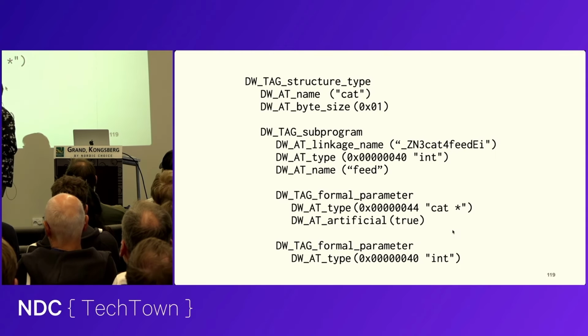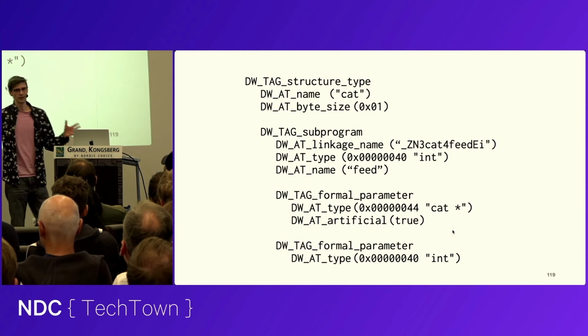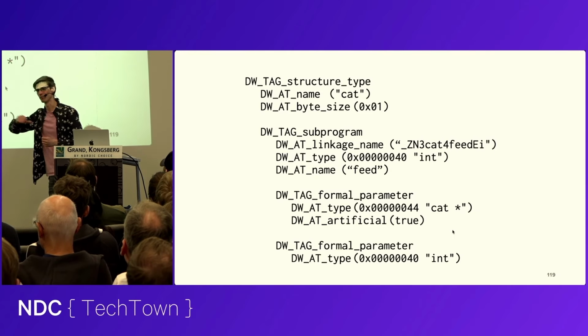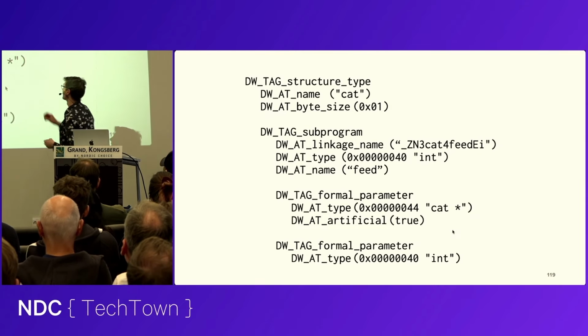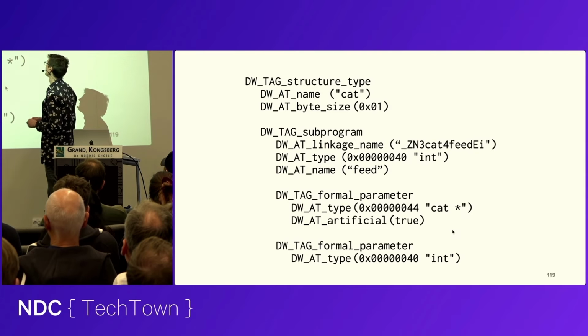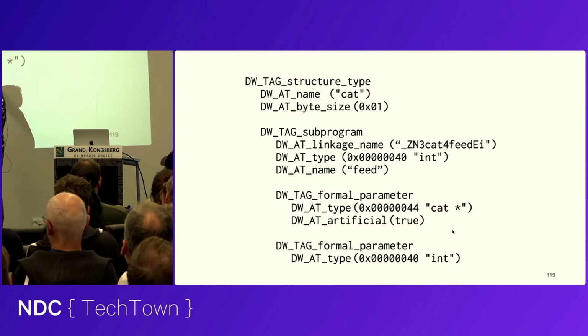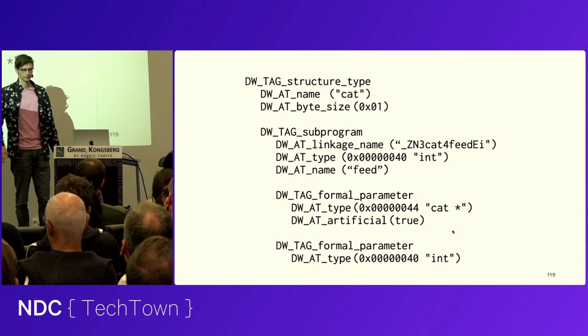Because C++ supports function overloading, where it can have a function with the same name but different arguments, we need some way to deduplicate these names at the binary level so that we can say which function is being called when we eventually have to link all our code together. So this actually does encode our return type and our argument types in the symbol name. But we can also get them from our formal parameters, which say we've got a cat pointer and an integer.